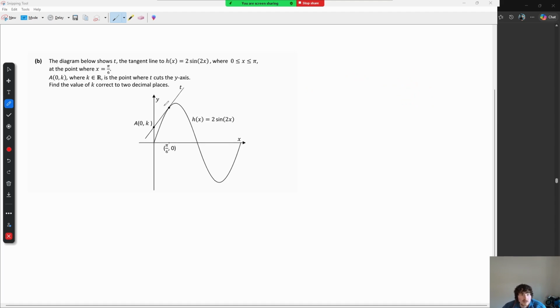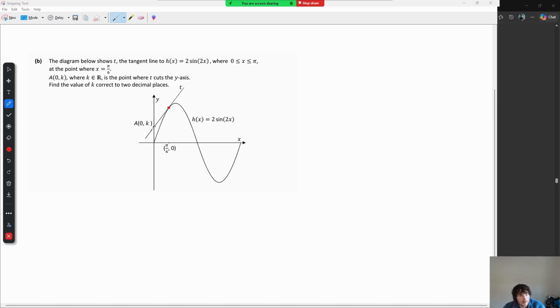So the diagram shows this tangent t, and it meets the function at an x value of pi over 6. We don't know what its y value is yet, but we could work out its y value fairly easily by putting pi over 6 into the function, which will tell us the y value on the sine function there. And then we're told k is where it crosses the y-axis.